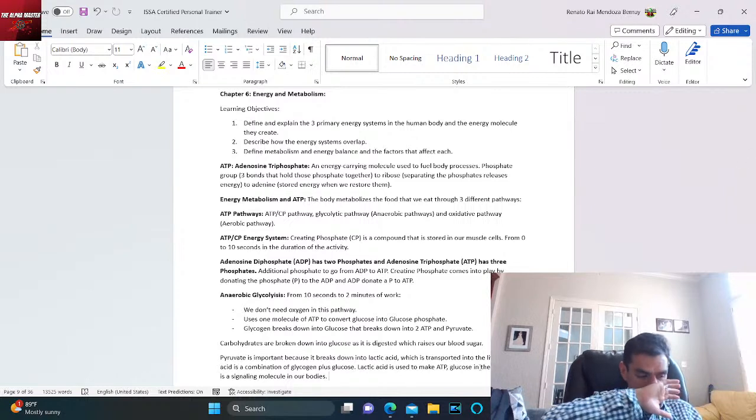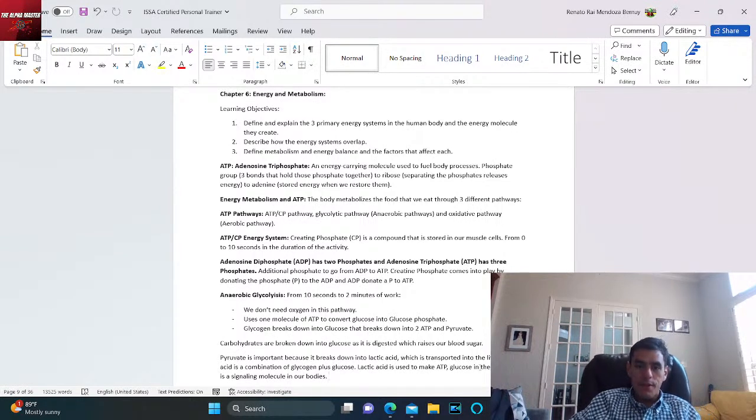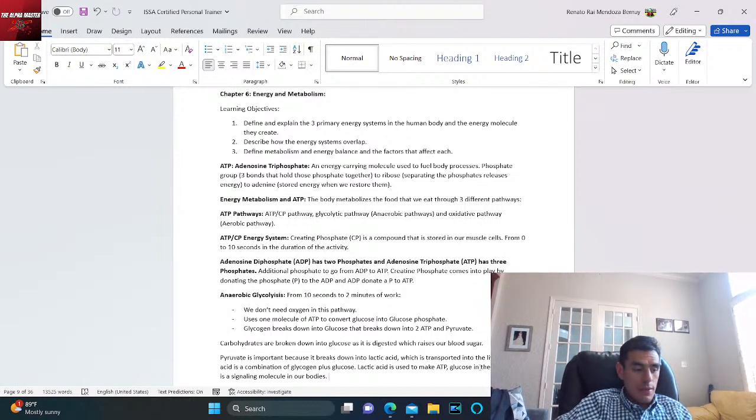So the pyruvate breaks down into lactic acid, which is transported into the liver, and lactic acid is used to make ATP and glucose in the liver, and it is a signaling molecule in our bodies.